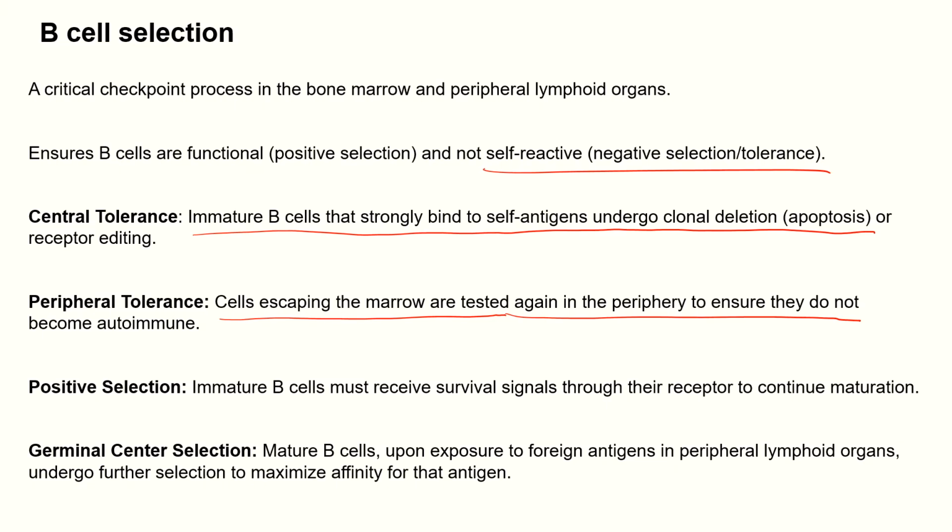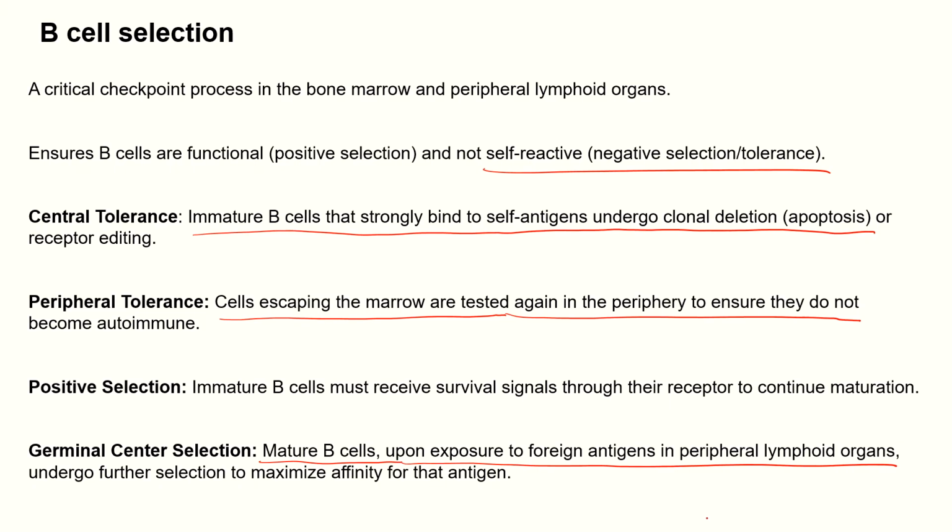The positive selection is the process which allows the cells to grow more, because the receptor can identify the antigen effectively, so those cells are selected positively. And then there is germinal center selection, where the mature B cell, upon exposure to the foreign antigen in peripheral lymphoid organs, undergoes further selection to maximize affinity for that antigen.